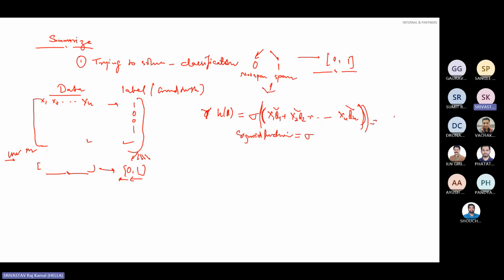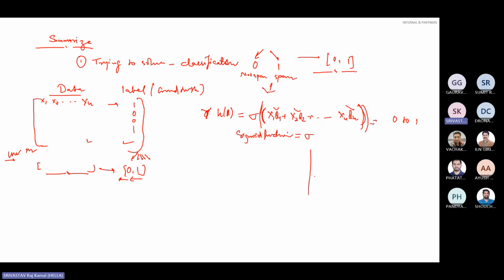In the graph, when the whole value after computation is 0, the output is 0.5. Above that, it's more than 0.5. So we generalize, keeping a threshold of 0.5, which is the general case: anything greater than or equal to 0.5 we call class 1, and less than 0.5 we call class 0.